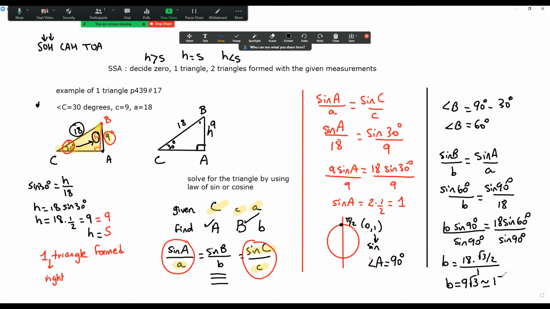And 9 square root of 3 is about 15.6. And that way we found side B. So this is the first example that includes one triangle. I'm gonna record a separate video, so that the videos aren't overwhelming, of an example that has two triangles and how we can solve for two triangles.